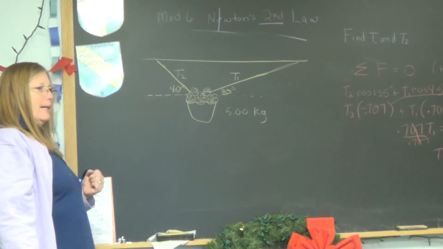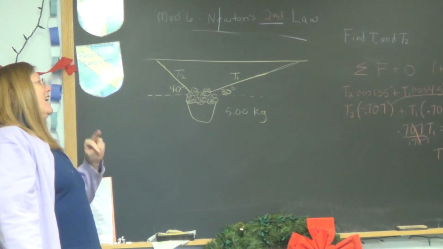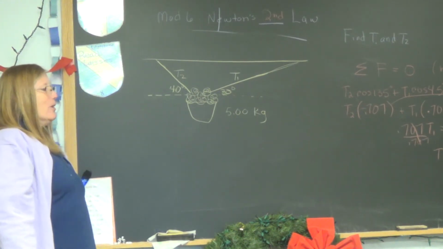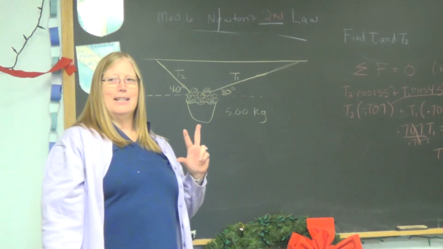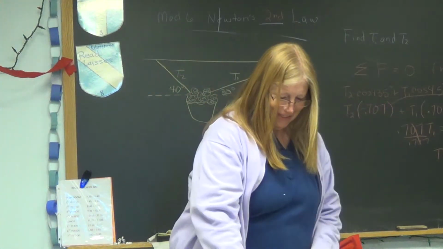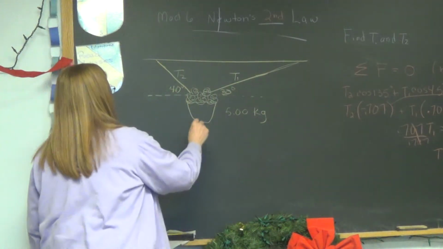And how many do you expect there to be? And then draw in the vertical forces in this picture. How many do you expect there to be? All right, draw them in. If you can label them, go ahead.